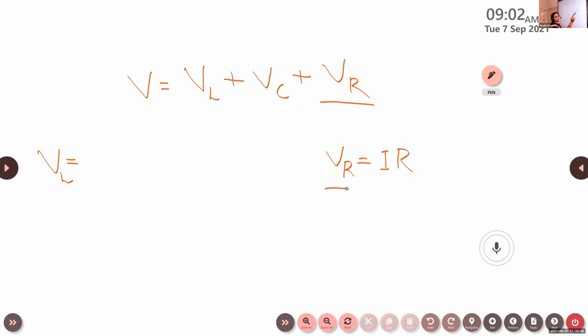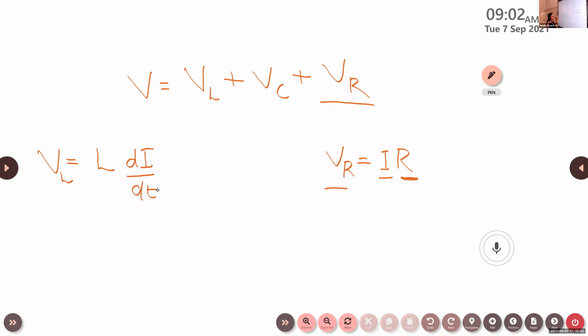VR is equal to the product of current into resistance, where R is the resistance offered by the resistor to the flow of current. Similarly, VL is equal to L into di by dt.